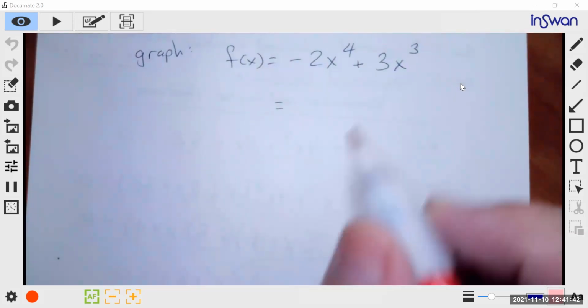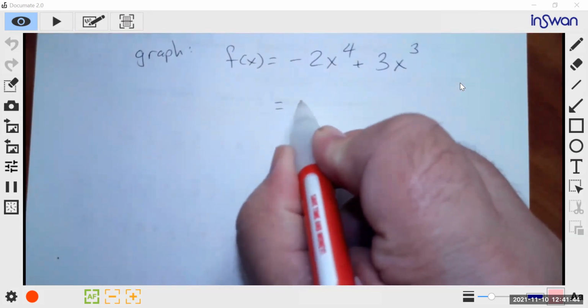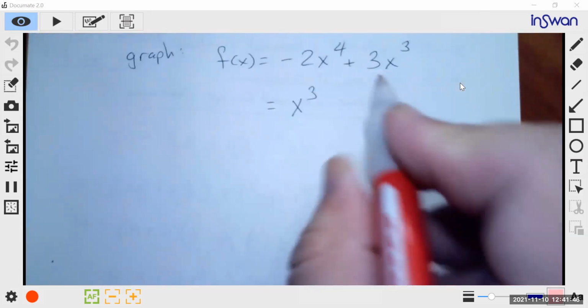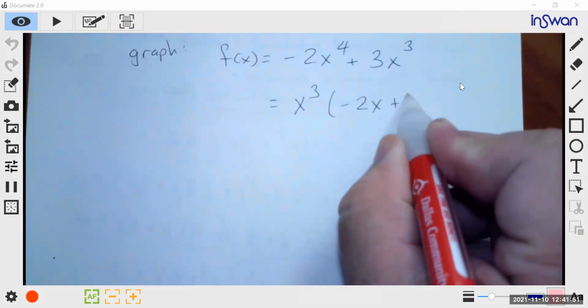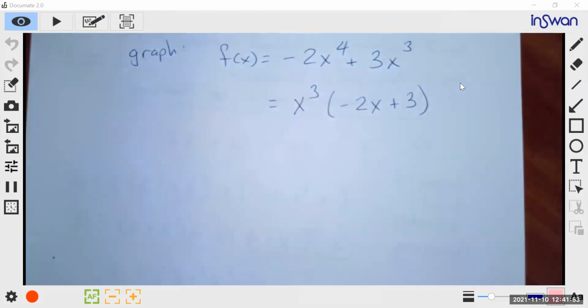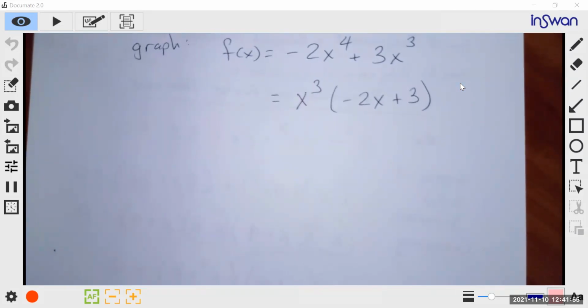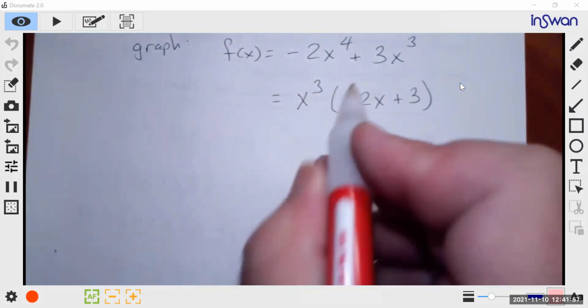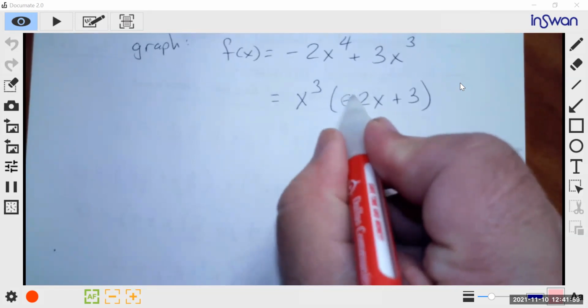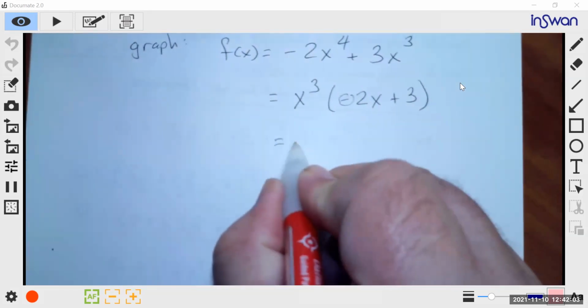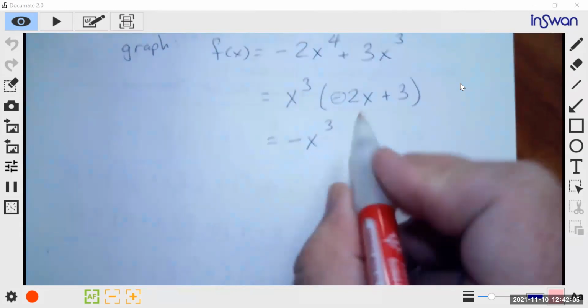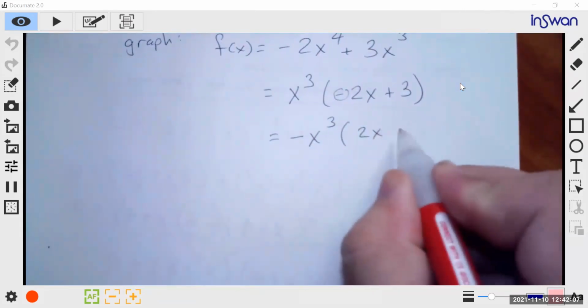Anything to factor out? Yep, leaving us with the resulting amount. We also factor out a negative. You never want to have a negative coefficient inside the parentheses, so we'd factor out a negative x cubed. That would change the signs inside there.